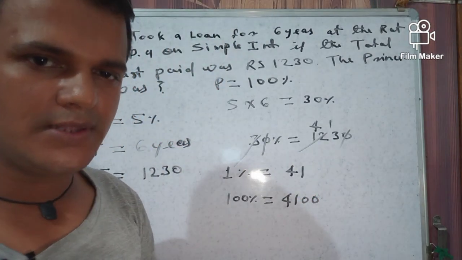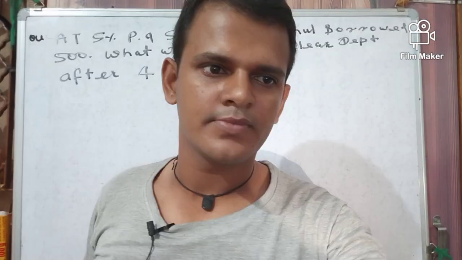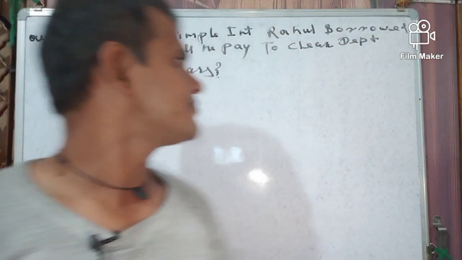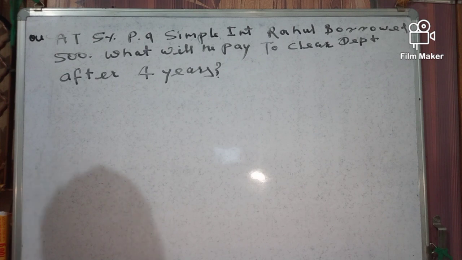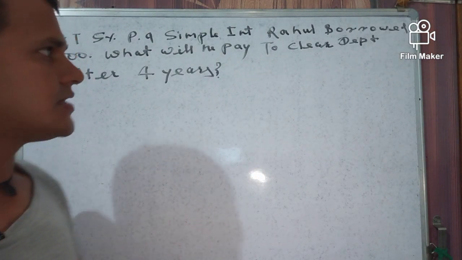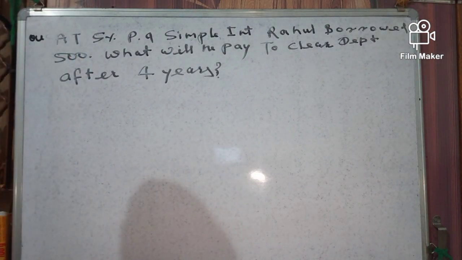Move to question number 3. Question number 3. At 5% per annum simple interest Rahul borrowed 500. What will he pay to clear the debt after 4 years?